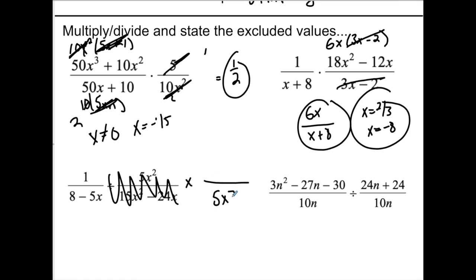So 5x squared, 15x squared minus 24x. So we kept, changed, flipped. Now let's simplify. So this is going to be 3x. So we'll have 5x minus 8.